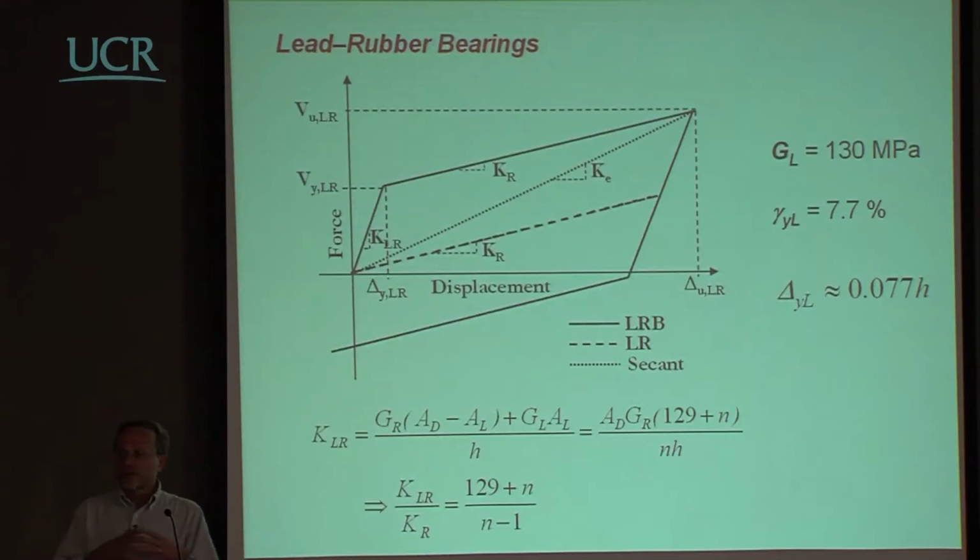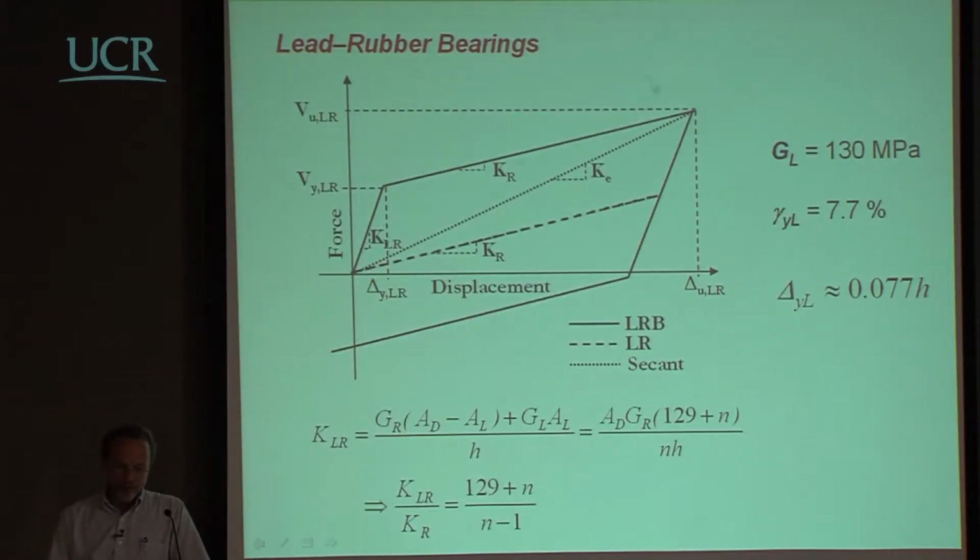And it recovers completely. It is not damaged if you cycle into it. So what happens is that since the lead has a shear modulus in the range of 130 times larger than the one of rubber, you have an initial branch which depends almost only on the lead.